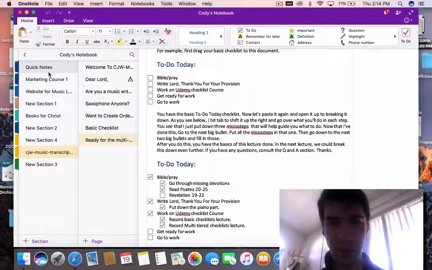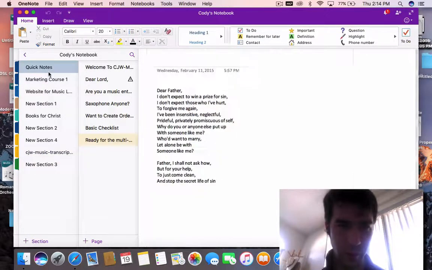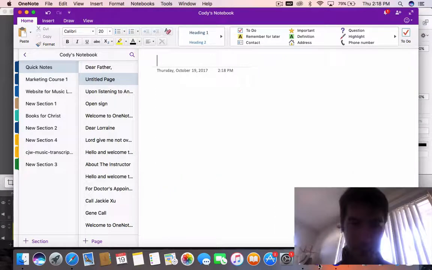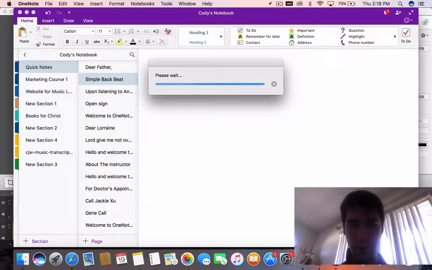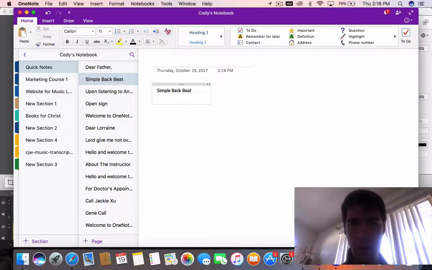So what simple time basically is, is a simple backbeat, a simple forward beat. That's basically what it is. It's the macro beat by itself. There's hardly any subdivision.